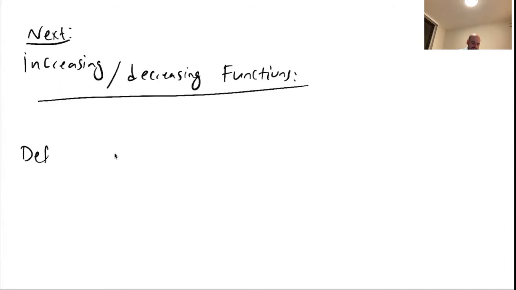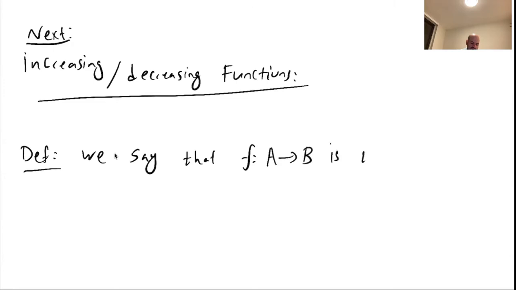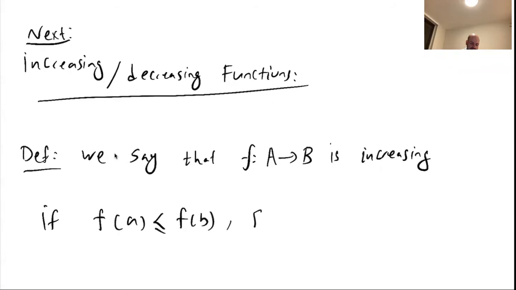So definition, we say that f, let's say from A to B, is increasing if f(a) is less than or equal to f(b) for every a and b in the domain with a less than b.